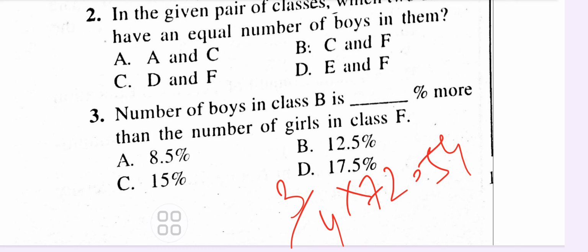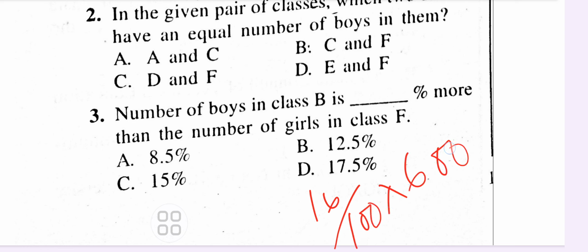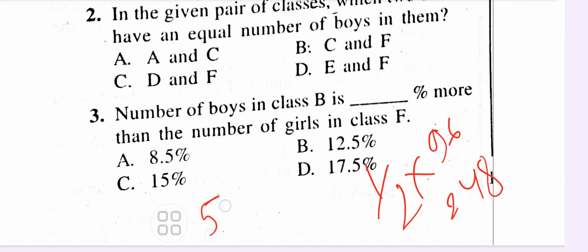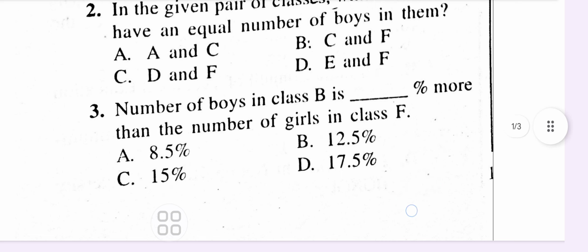Now number of students in class F, how will we find out? 16 of 100 of 600, that is 96, right? And half of 96 is 48. So 54 minus 48, that is 6. So we have to find out 6 of 48 of 100, that counts to 12.5%. So number of boys in class B is 12.5% more than the number of girls in class F.